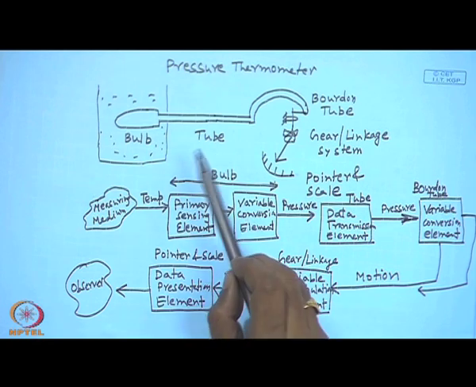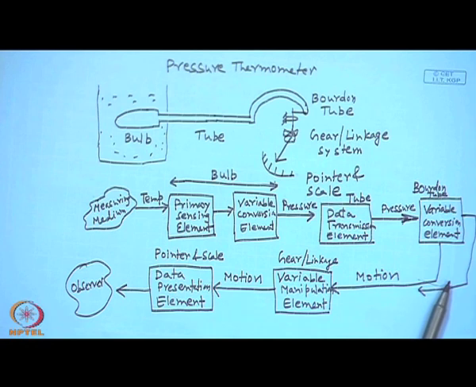So, you can see here we have a primary sensing element, we have a variable conversion element, we have a data transmission element, then again we have a variable conversion element, we have a variable manipulation element, and finally we have a data presentation element.